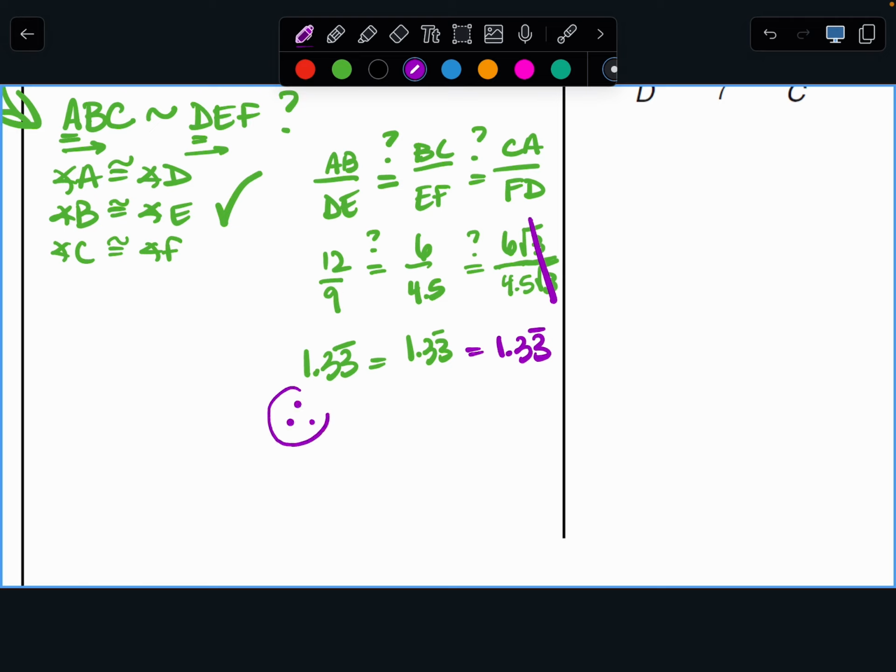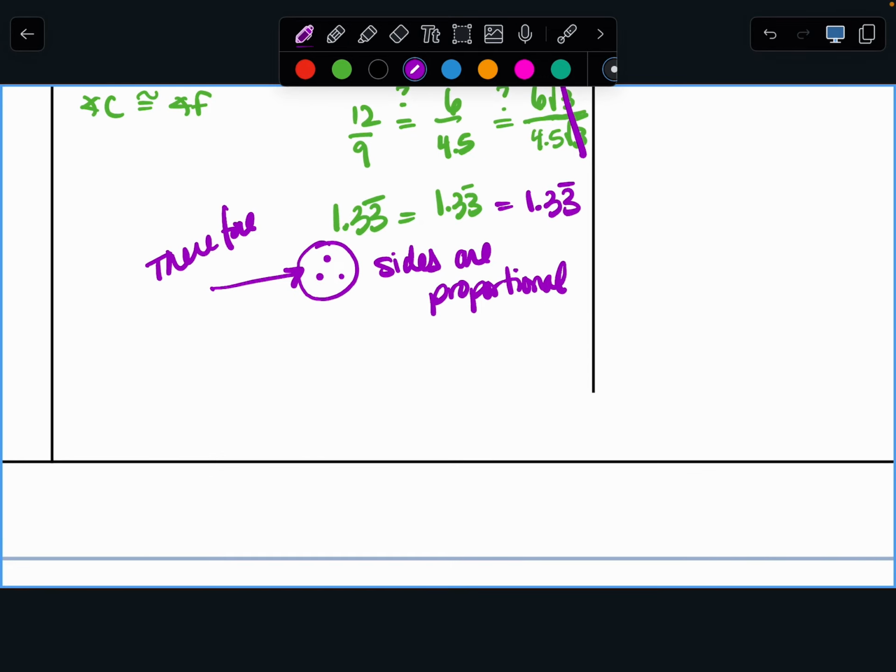Therefore, this symbol means therefore, the sides are proportional. So I can say triangle ABC is similar to triangle DEF.